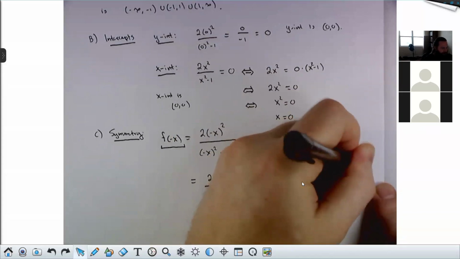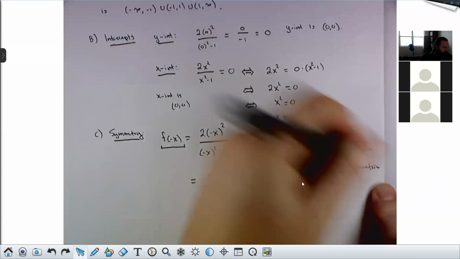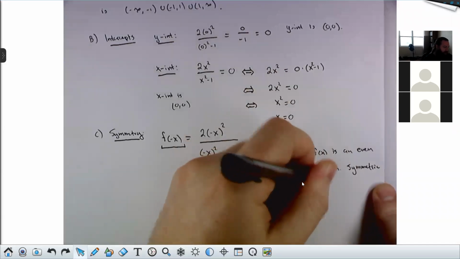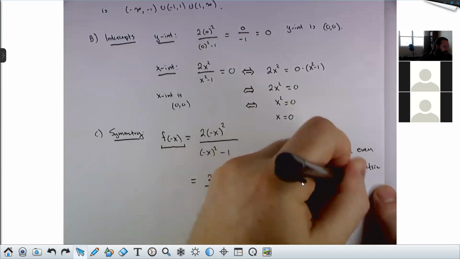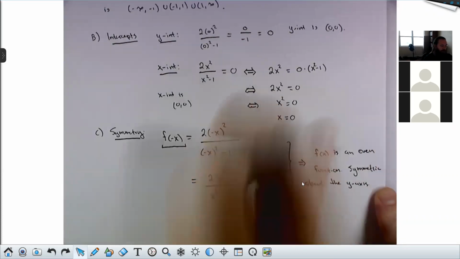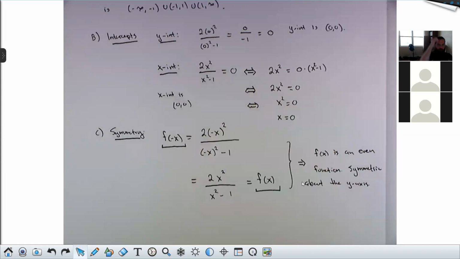Therefore, its graph is symmetric about the y-axis. Okay. This definitely is not a periodic function though, right? Like this thing has no trig functions in it. There's nothing in here that would make this periodic. So we don't have to worry about periodicity, but we do have that y-axis symmetry.